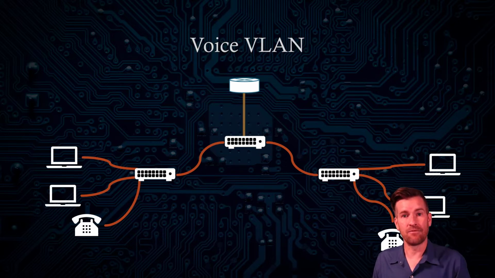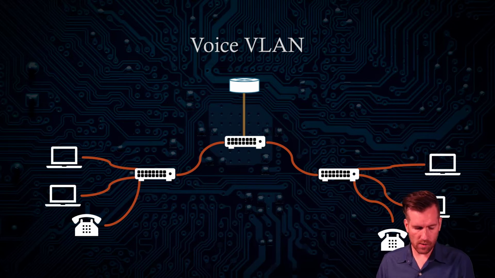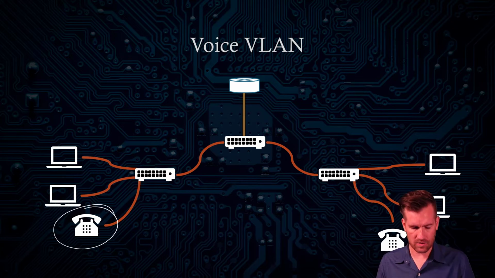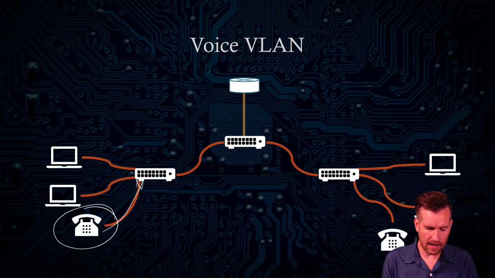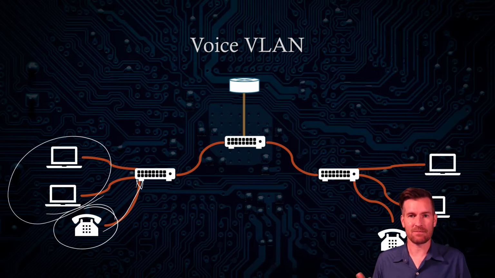Then there is a voice VLAN. The key feature to this is it has some sort of quality of service. We will plug our VoIP phones, the voice over IP phones, into our network, and they will join a specific voice VLAN. Anything that comes in on that voice VLAN gets tagged, we want to prioritize that traffic, and that traffic gets handled first. The reason for that is a lot of your other traffic that comes from your machines is not really time sensitive.